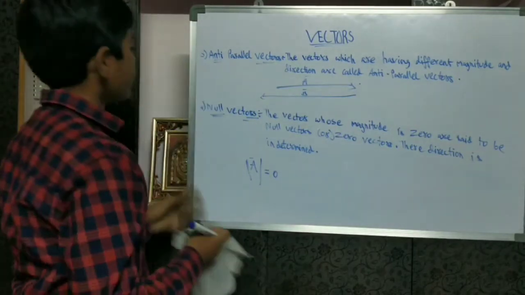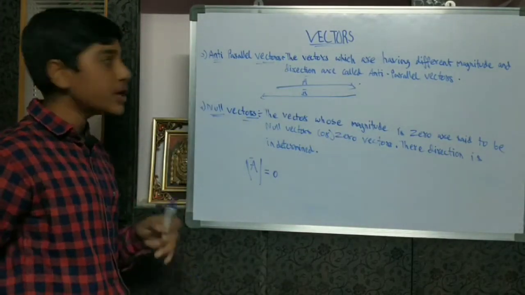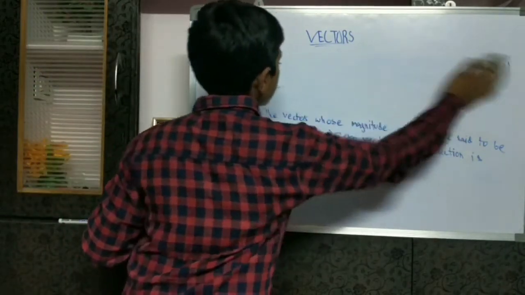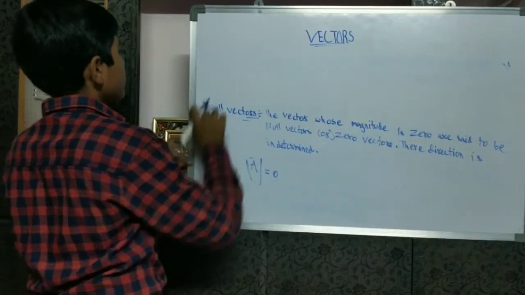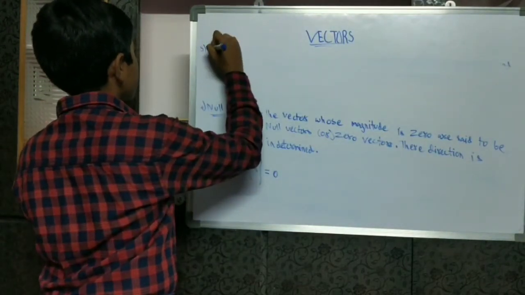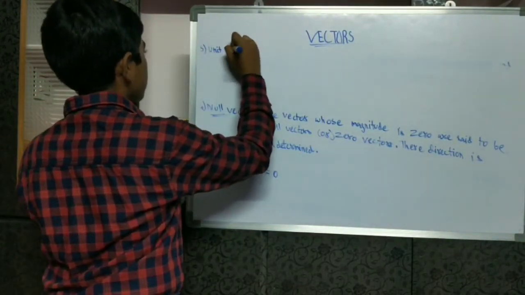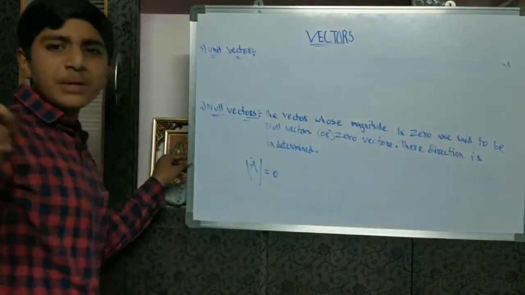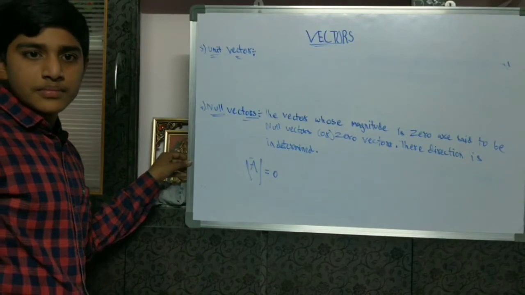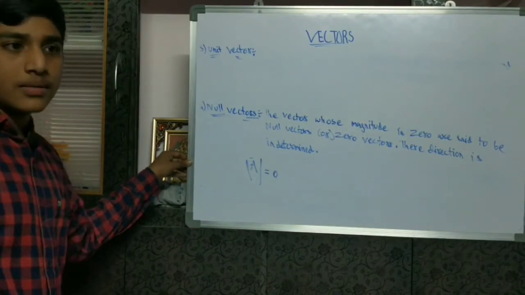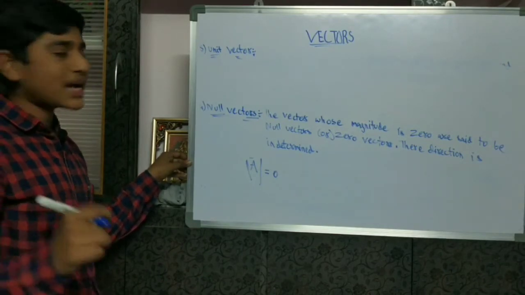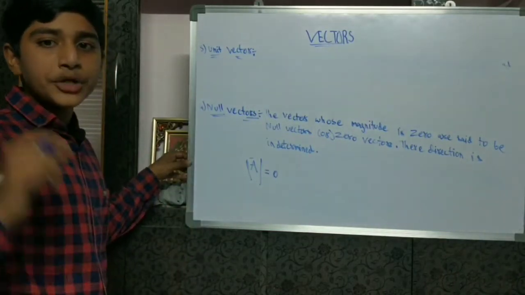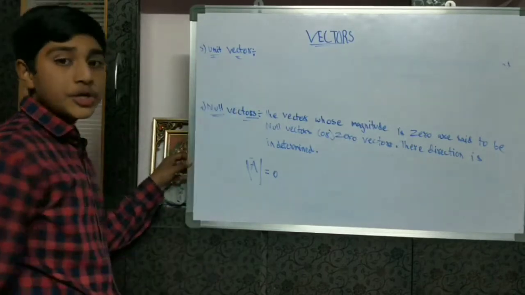Okay? And next is unit vector. What is meant by a unit? Unit in the sense 1. So unit vectors are those which have magnitude 1.